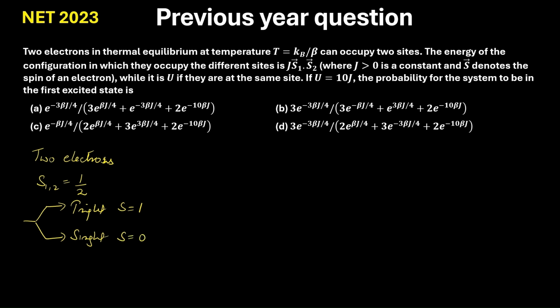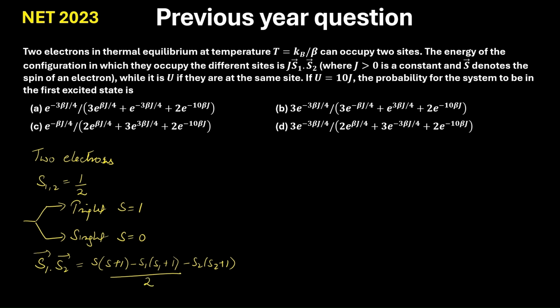equal to 0. And from quantum mechanics, we also know that S1 dot S2 is equal to S into S plus 1 minus S1 into S1 plus 1 minus S2 into S2 plus 1, by 2. So we need this concept.